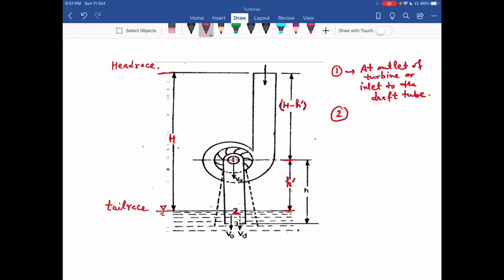Section 2 is at tail race level. And then my section 3 is at the exit of the draft tube. So these are my three sections over here. And here we have height H. So H is the length of the draft tube.